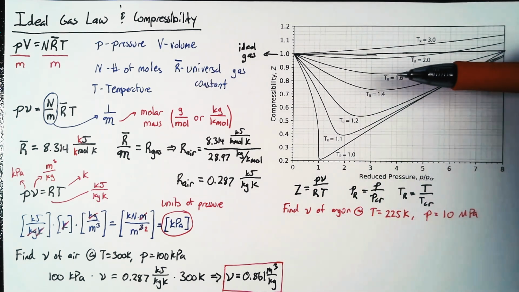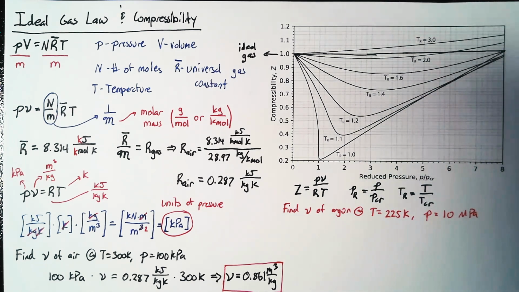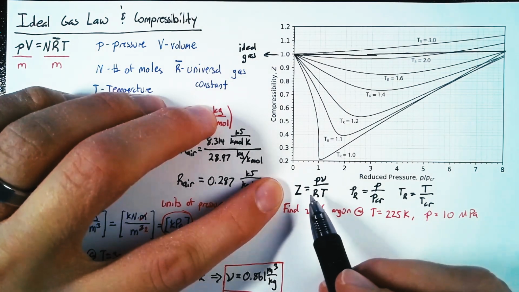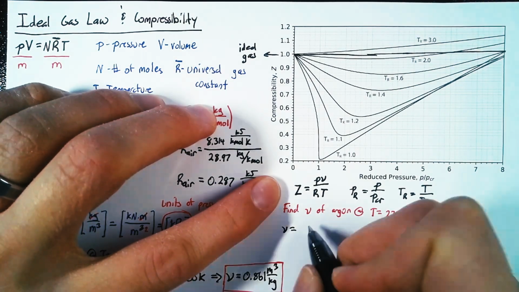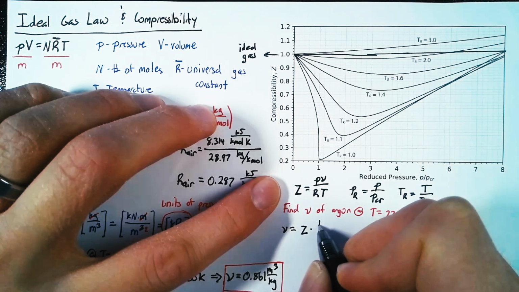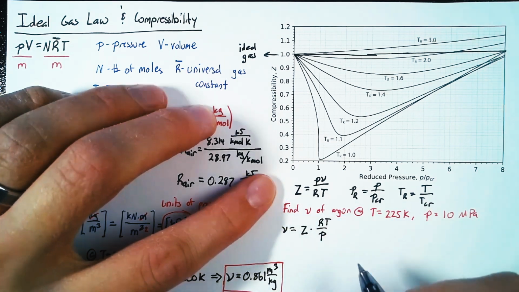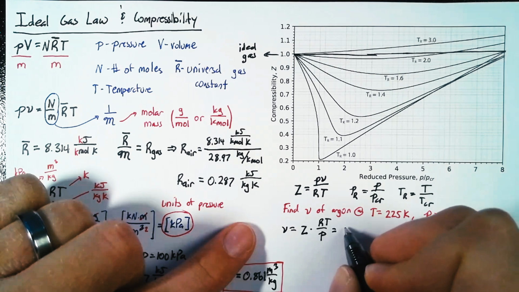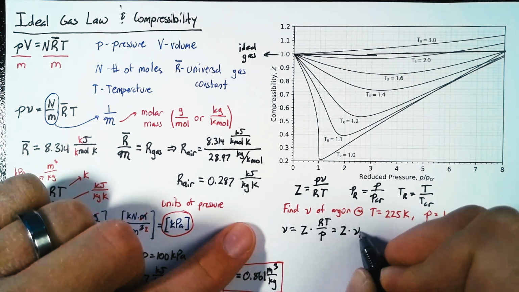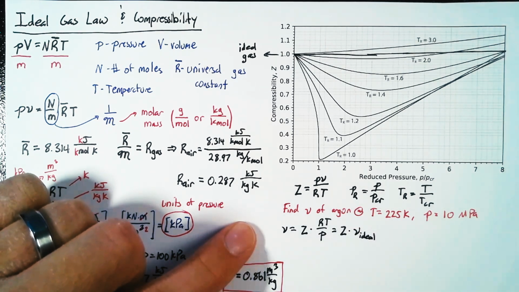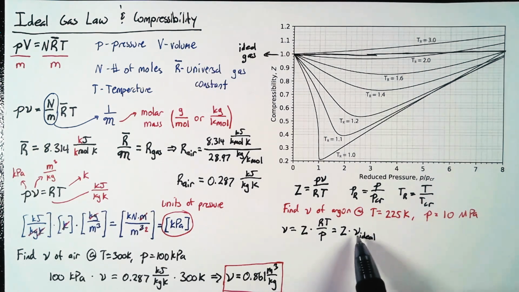So that means that we have a possibility of not behaving in an ideal fashion. Using this equation, let's solve for V. We can see that this is equal to Z multiplied by RT over our pressure. And it turns out that that is equal to Z multiplied by the ideal gas law specific volume. So if this were perfectly ideal, then we would get a certain specific volume, but it's not, and so Z is going to be multiplying it.